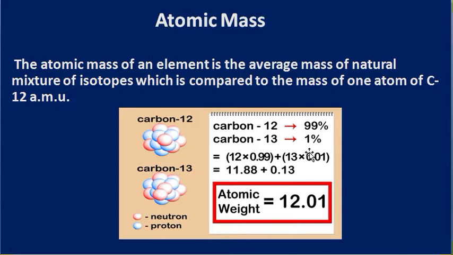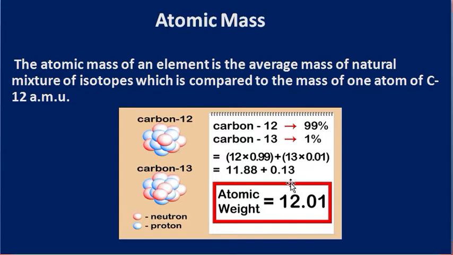So what scientists did, they combined them: 99% of 12 gives 11.88, and then 1% of 13 gives 0.13.